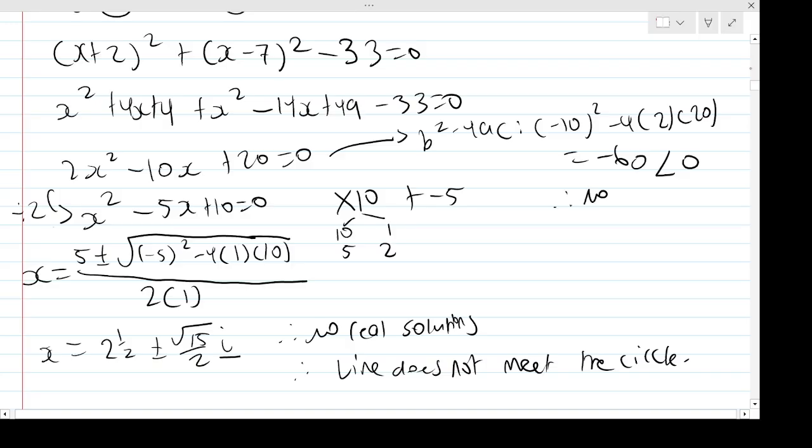Therefore we can immediately conclude there are no real solutions. So there are two ways, but I think that's the more effective way, but I've shown both ways to see what you might potentially do. Both of those outcomes are perfectly fine. They both lead to the outcome that there are no real solutions. Therefore, the line cannot meet the circle. Okay.